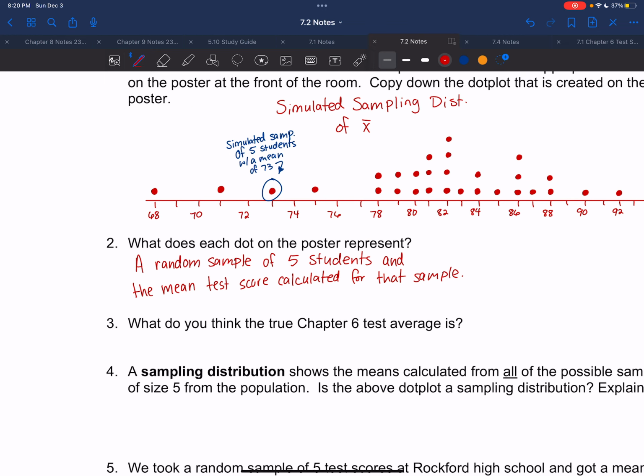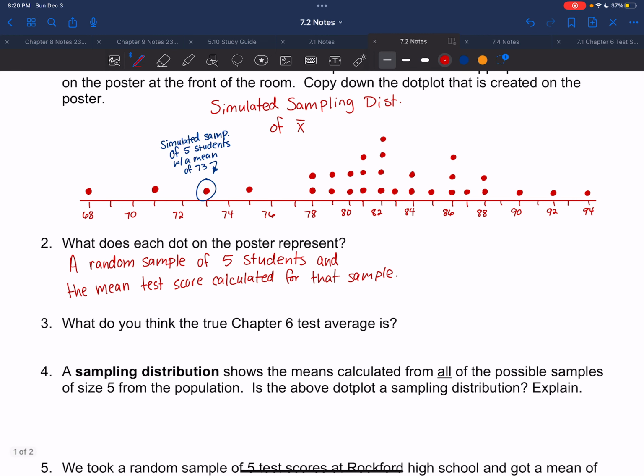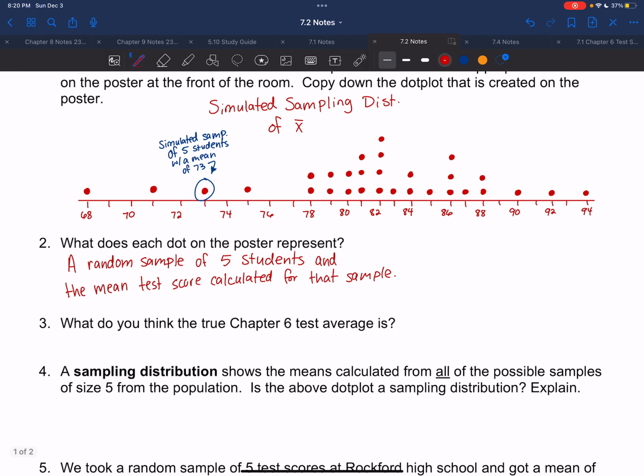Okay. Now it says, what do you think the true Chapter 6 test average is? All right. Now, if I am trying to estimate the true value, I can use my simulated sampling distribution of X bar to help us estimate that, right? Because remember, typically you don't know the population's true value of something, all right?